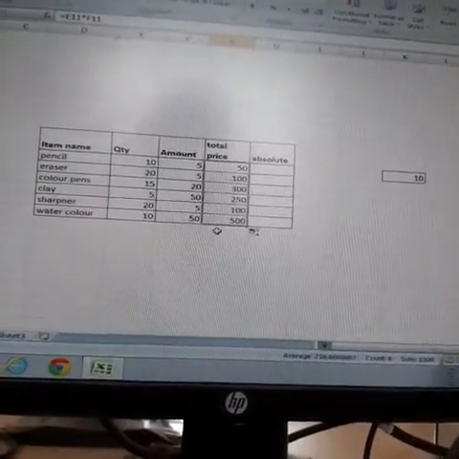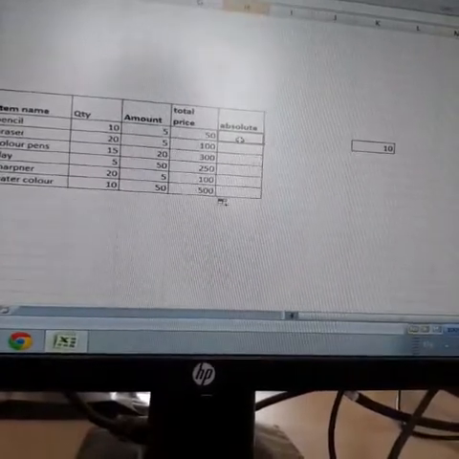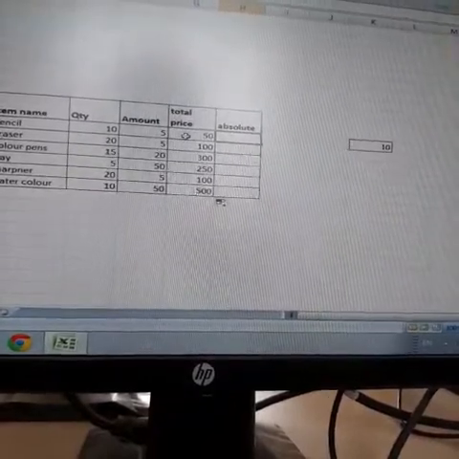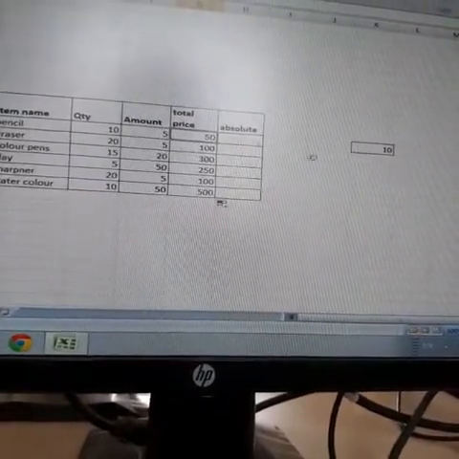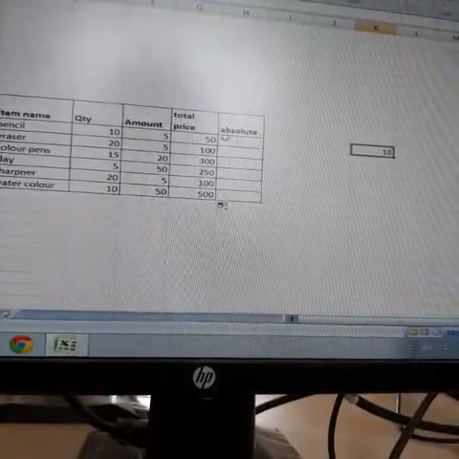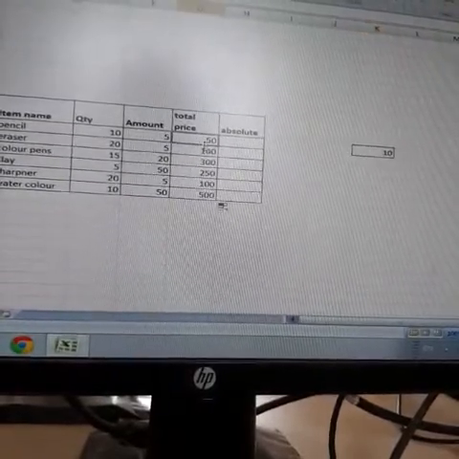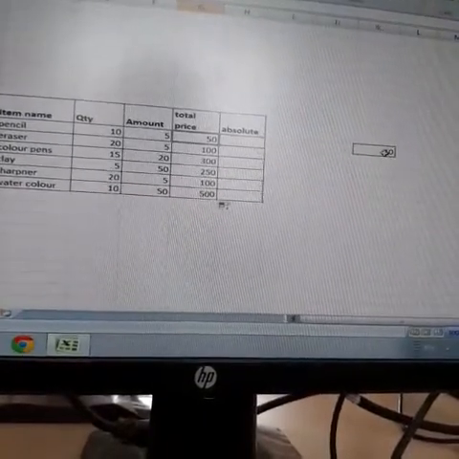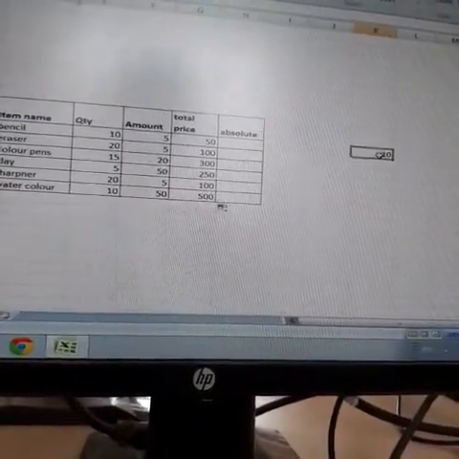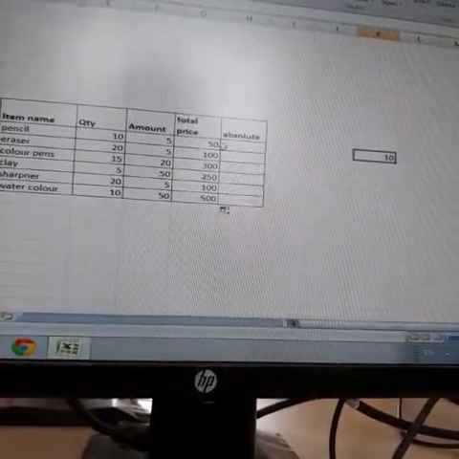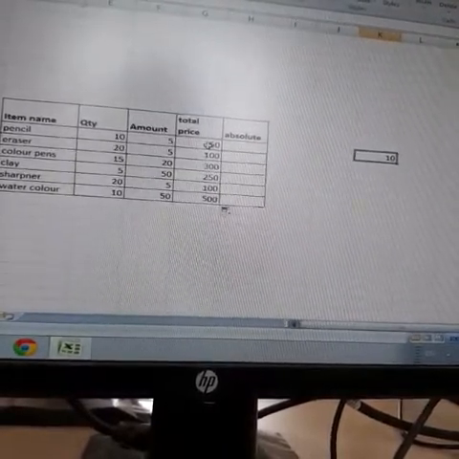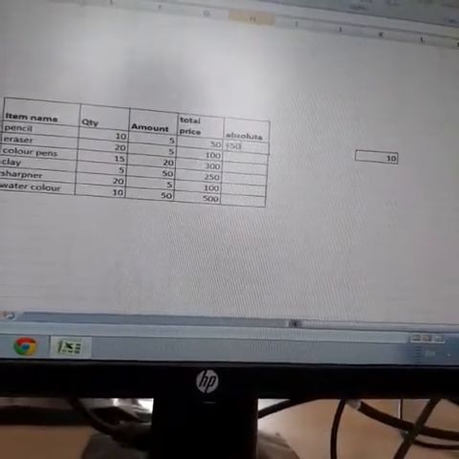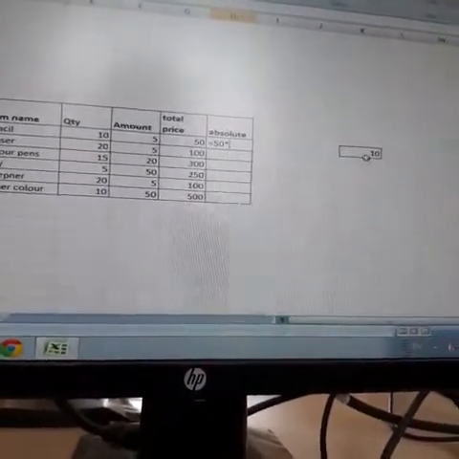Now what is the absolute reference? Absolute reference means, suppose I want to multiply this total price by 10. Here we know that the total price is different for each and every row, but the multiplication value, that is 10, is fixed. It means I have to simply multiply this total price by this one cell.